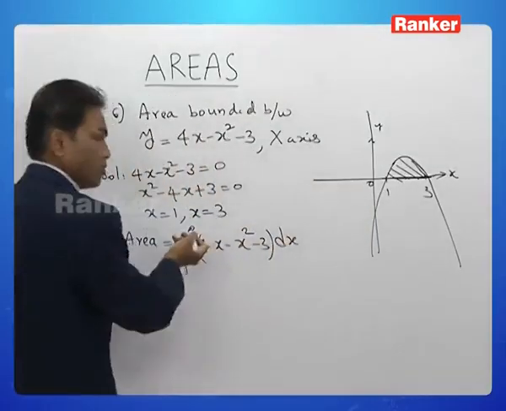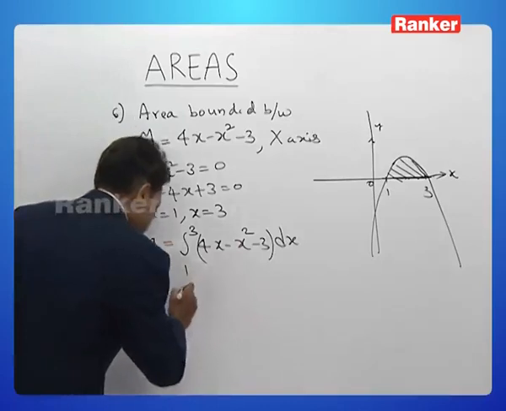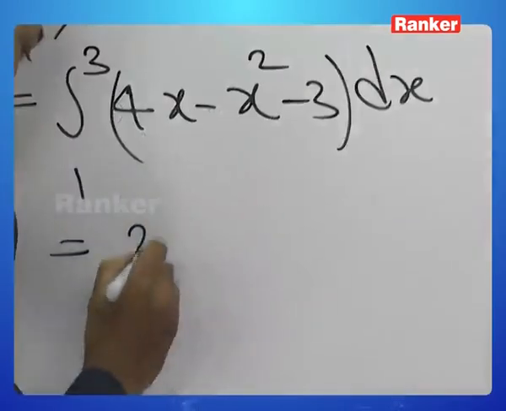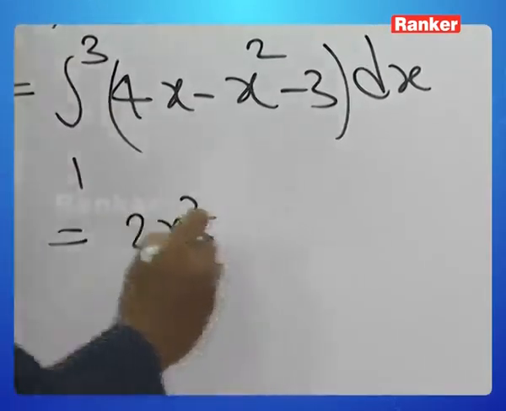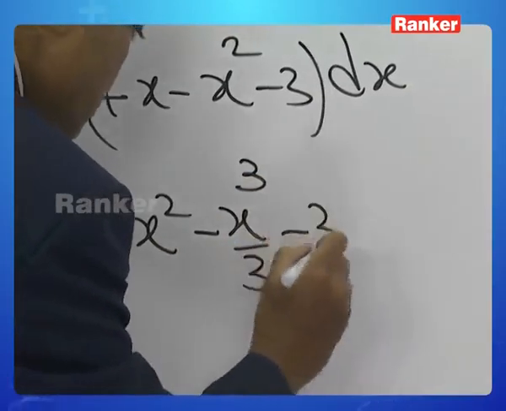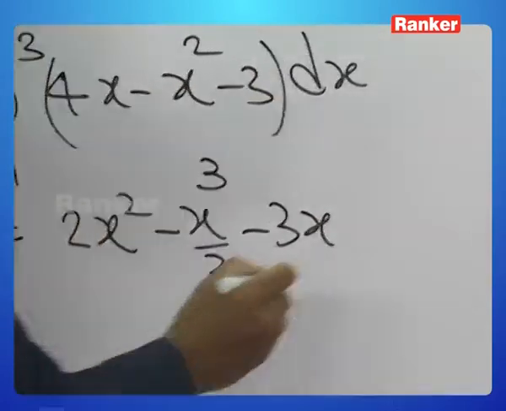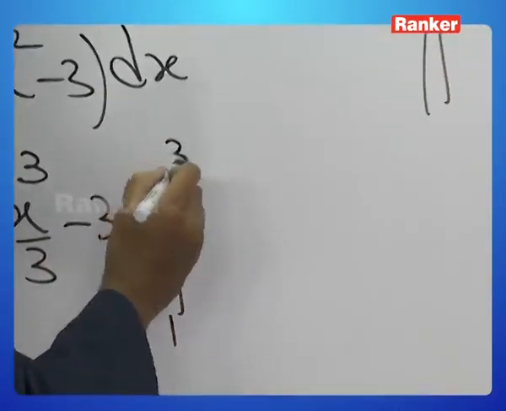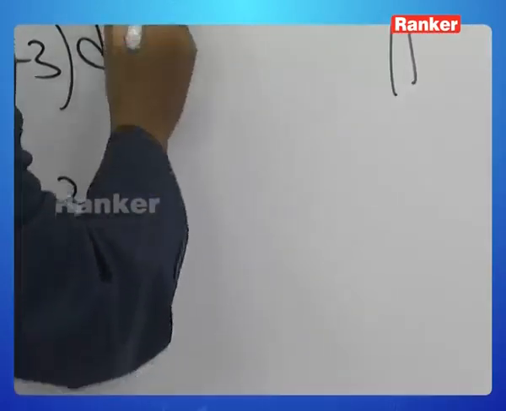Now, let us go for the integration. X square by 2 into 4, x cube by 3, 3x. Let us apply the limits 1 and 3.